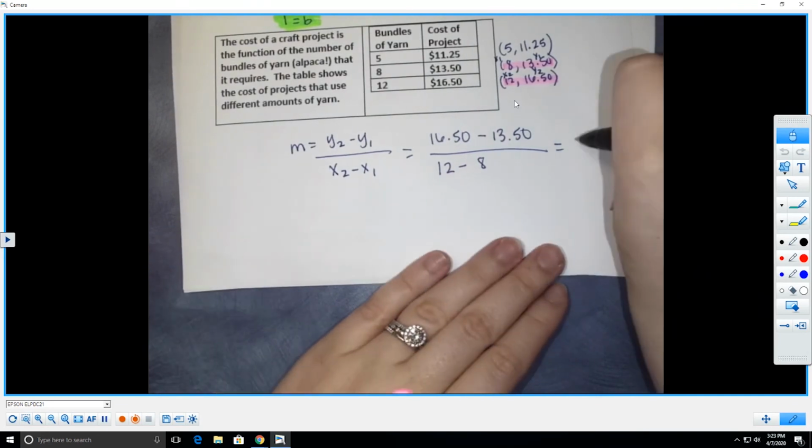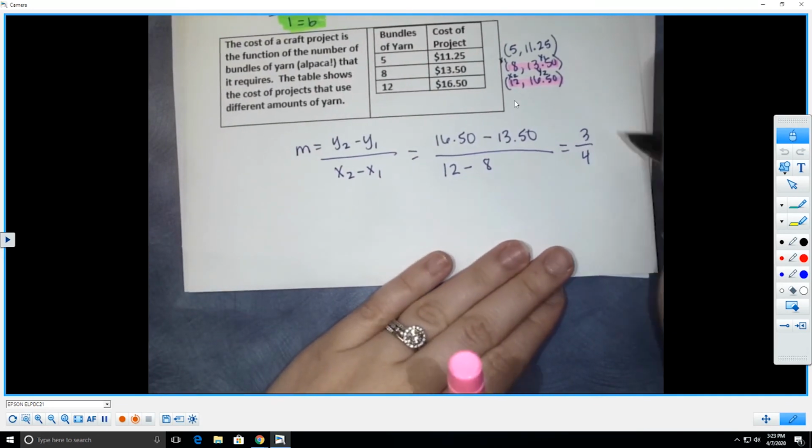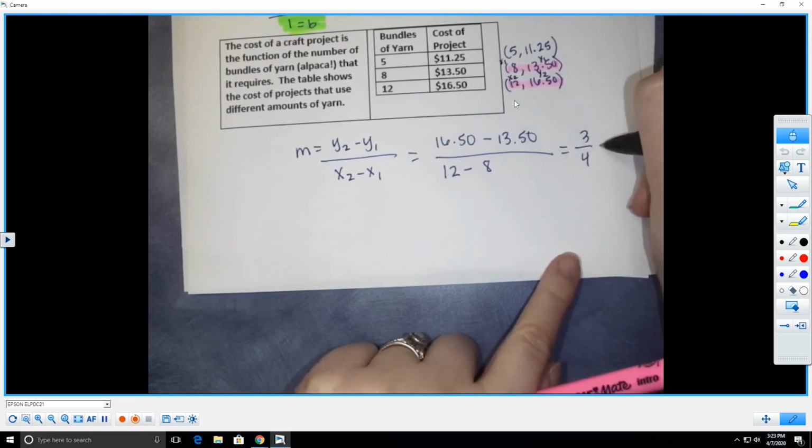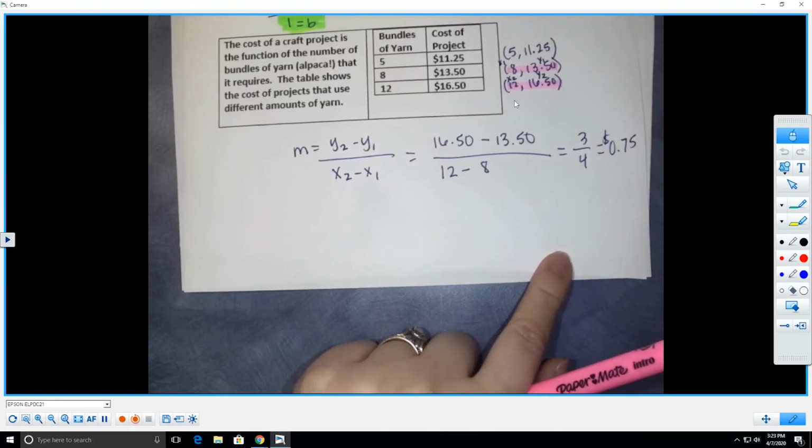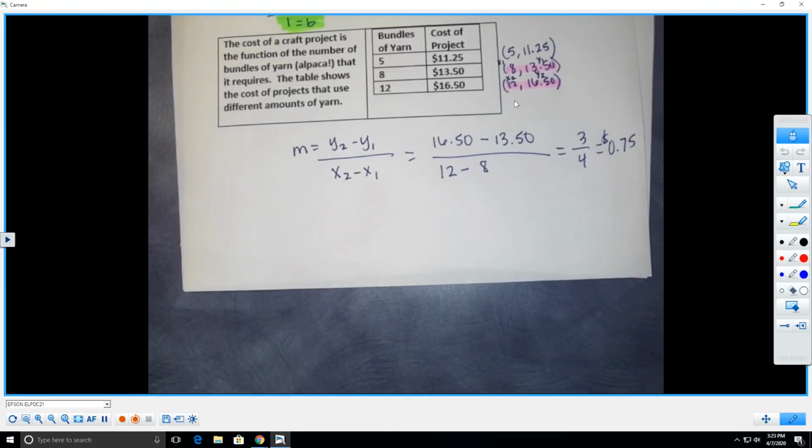And when I work that out, I get 3/4, or if we want to use it in the context of this problem, which we're talking about money, we could convert that to a decimal and say 75 cents. So the slope, or the rate of change, is 75 cents for every bundle of yarn.